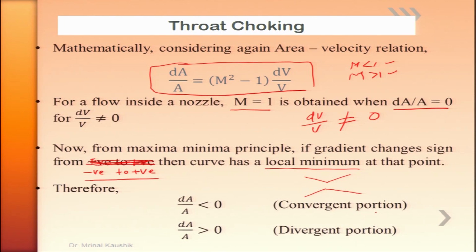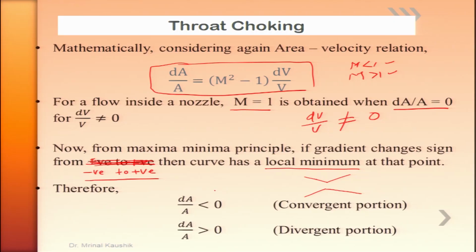It says that whenever the gradient, that is, the slope of a curve, changes from negative to positive, the point about which such a change occurs is the local minima point of that curve.